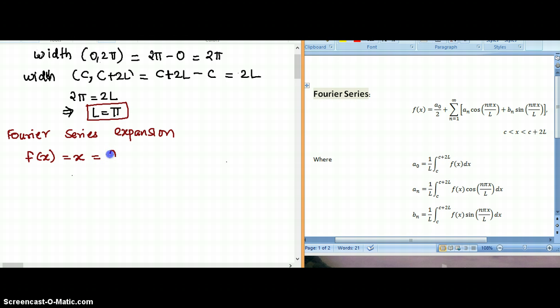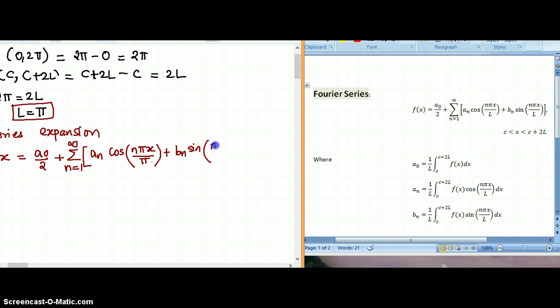It is given by a0 divided by 2 plus summation n from 1 to infinity of an cos(nπx/l), where we substitute our calculated value of l, which is π, plus bn sin(nπx/l), where l is again π.